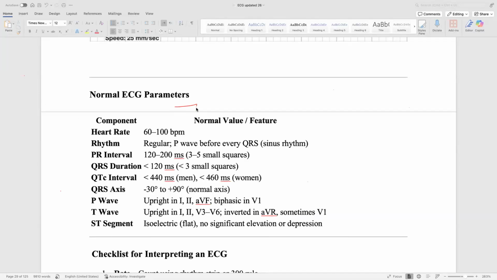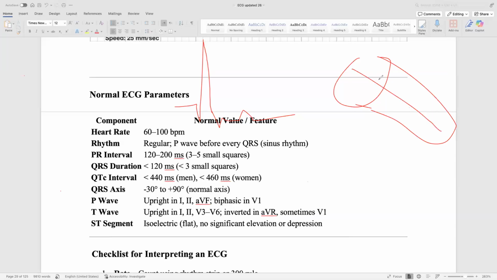Why do we have one wave for two ventricles? Because it is a summation, a summation of electrical activity.